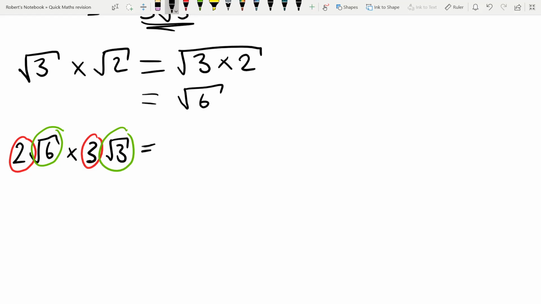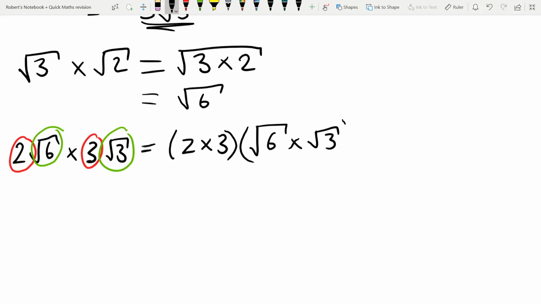So what we'd have is 2 times 3, so that's our whole numbers, and then we'd have the square root of 6 times the square root of 3.